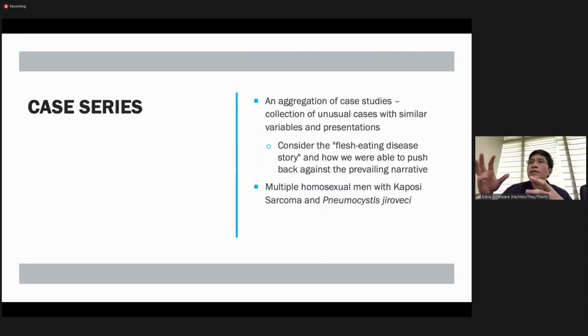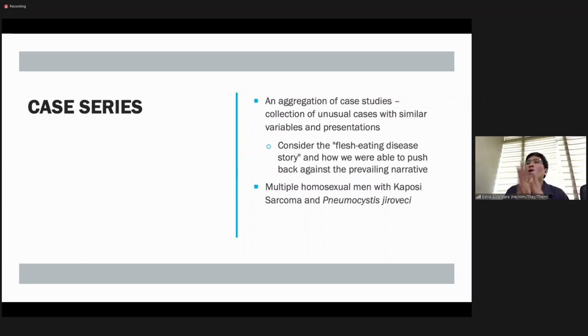Whereas with the case series of this mysterious new disease in the 1980s, the variables and the presentations were mostly homogeneous. Okay, so they were the same, if not similar. Okay, Kaposi sarcoma, pneumocystis jirovecii, and homosexual men.